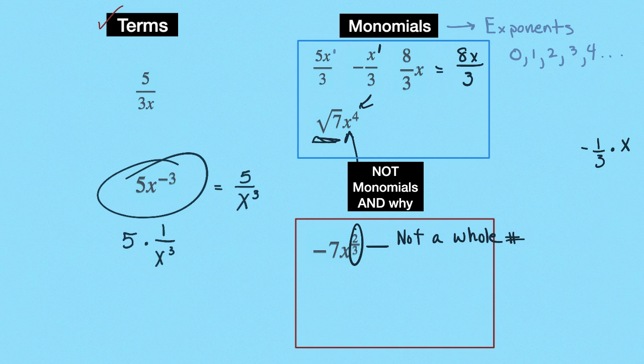So when you have a negative exponent, that really means the x is in the denominator. However, we cannot have in our monomials x's in the denominator because they are really negative exponents. And so negative exponents are not allowed because they are not whole numbers.